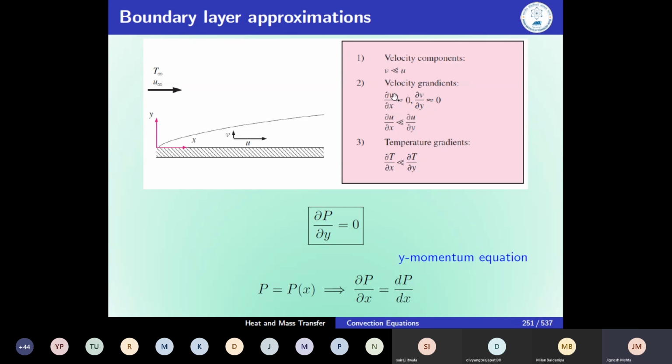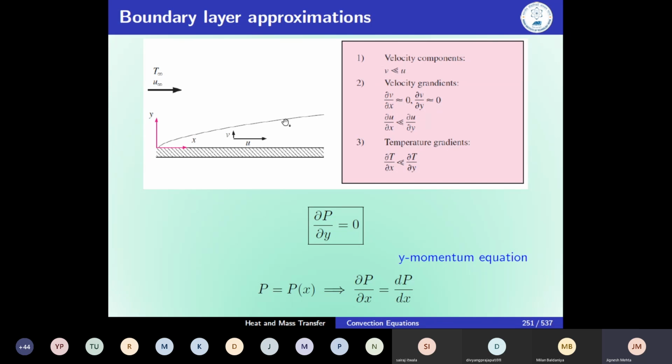Now the rate of change of v with respect to x is almost 0, and the rate of change of v with respect to y is also almost equal to 0. And then du by dx is much less than du by dy, right? So the rate of change of a parameter in y direction is much larger than the rate of change of that parameter in x direction.